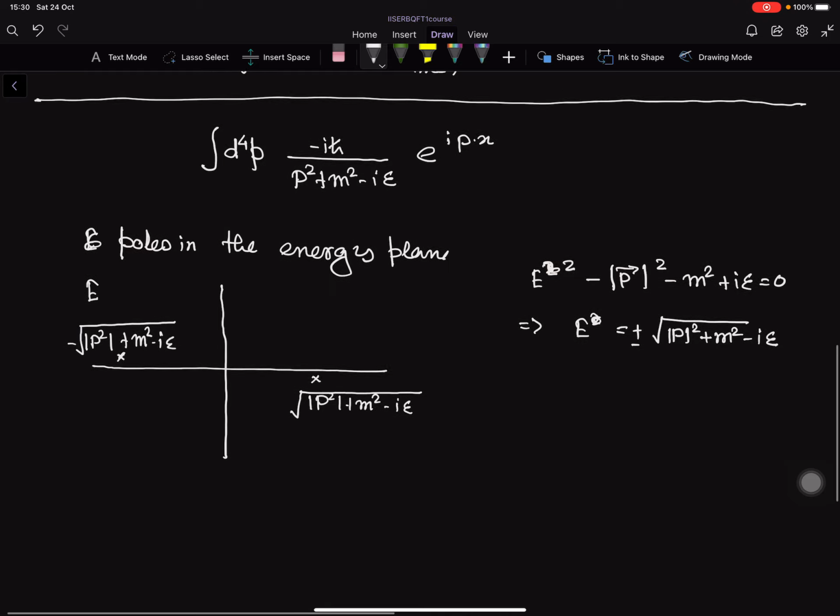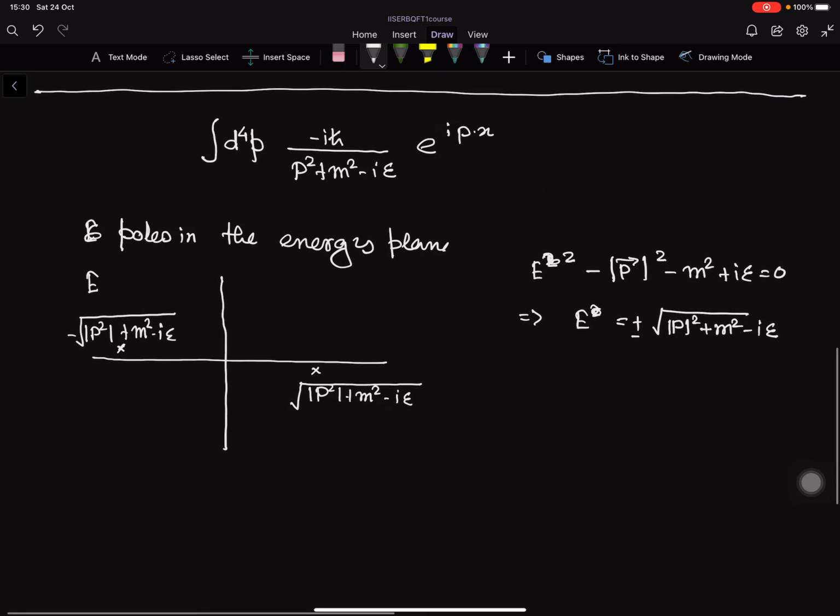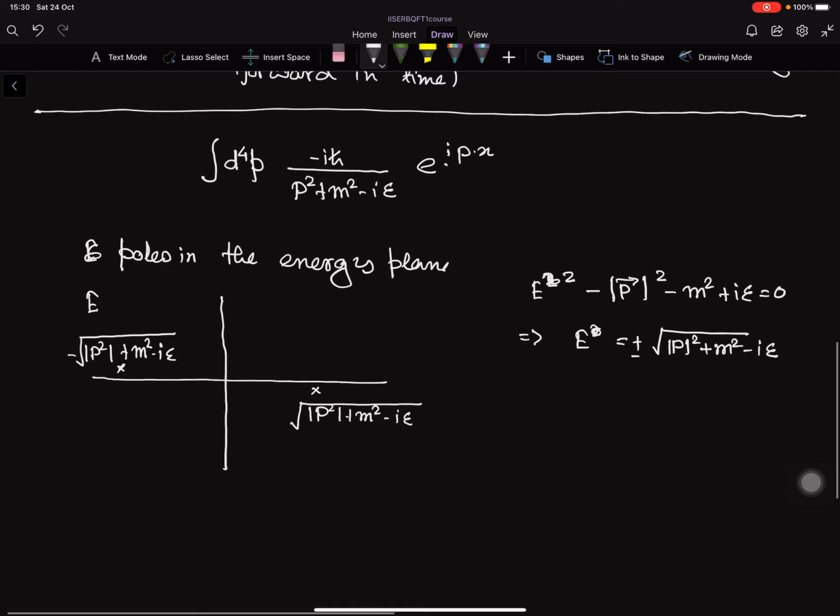Now the important part is that the energy part of this expression is simply exponential i p0 times t.